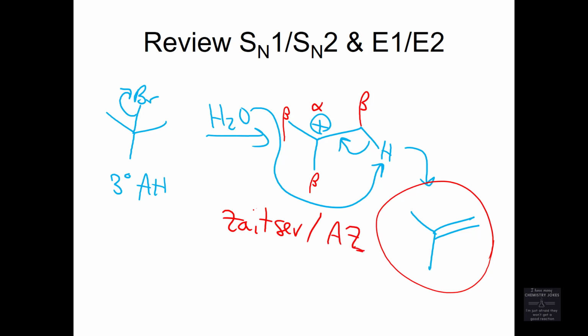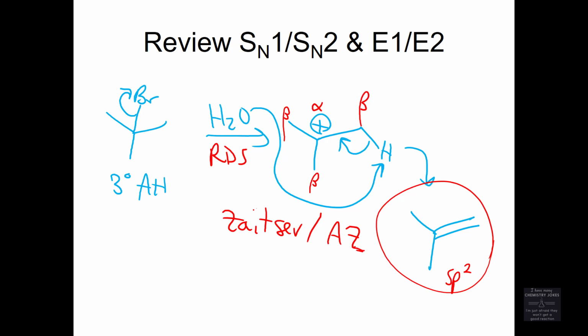I know some of you are old, some of you are new. Just a quick recap. E1, this would be the rate determining step. Formation of the carbocation is the rate determining step. The rate law would be only dependent on the substrate. Yeah. And the stereochemistry, this is always going to create sp2 carbons. And sp2 carbons don't have stereochemistry like dashes and wedges, asymmetric stuff.